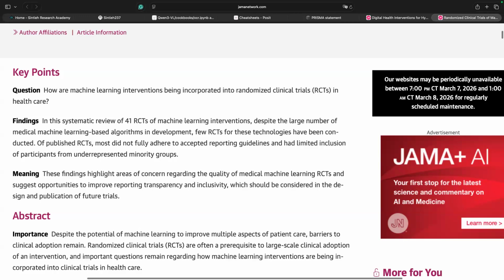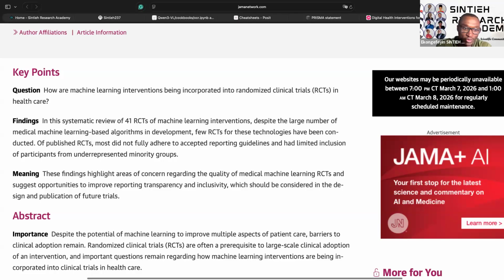Of published randomized controlled trials, most did not fully adhere to accepted reporting guidelines and had limited inclusion of participants from underrepresented minority groups. Meaning: these findings highlight areas of concern regarding the quality of medical machine learning randomized controlled trials and suggest opportunities to improve reporting transparency and inclusivity, which should be considered in the design and publication of future trials. All right. Thank you very much.